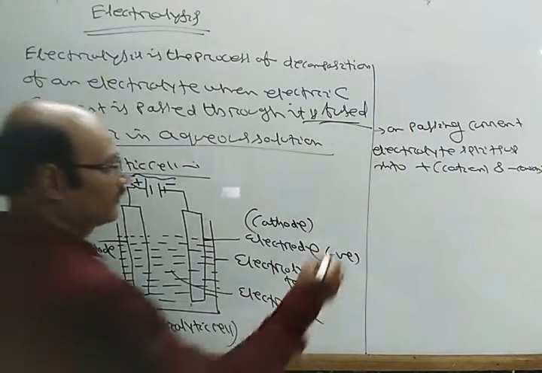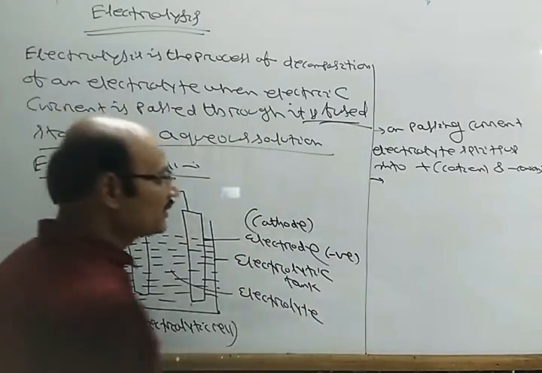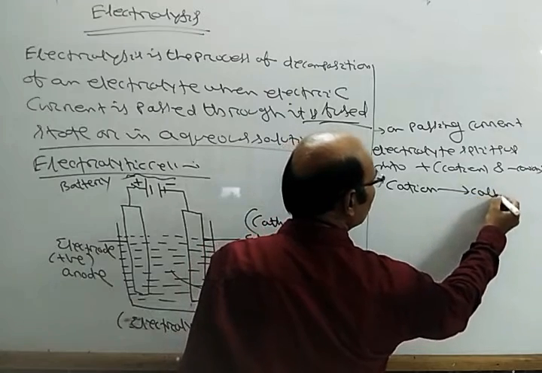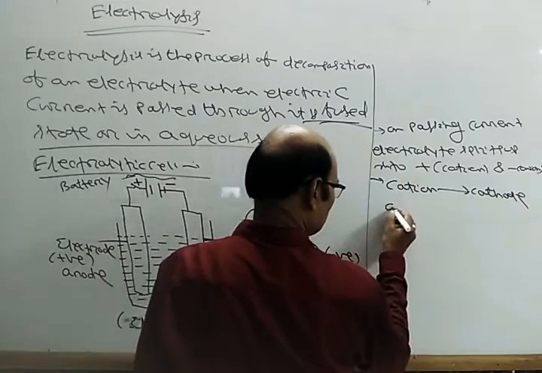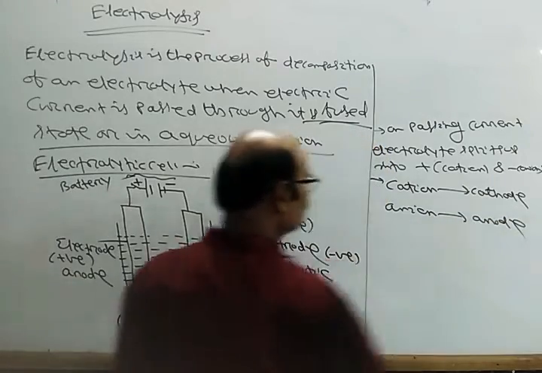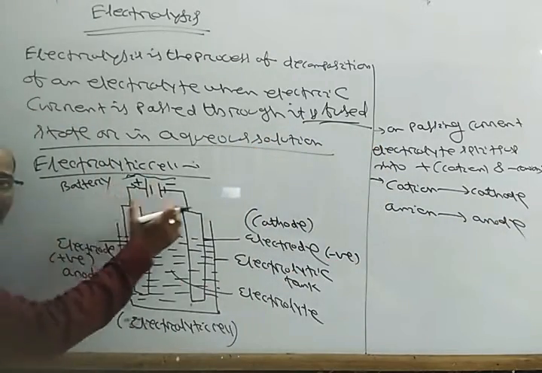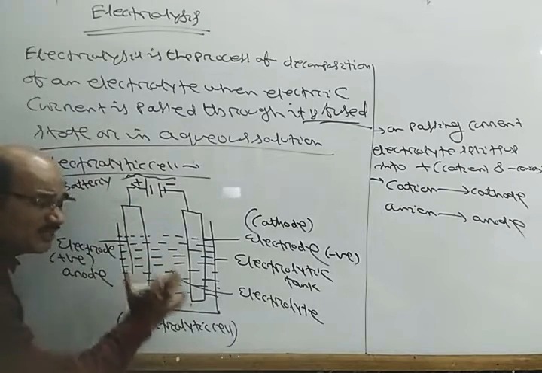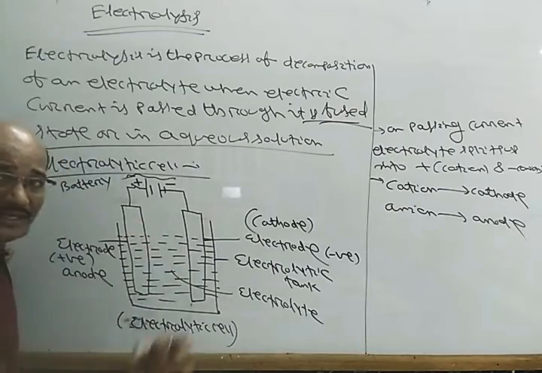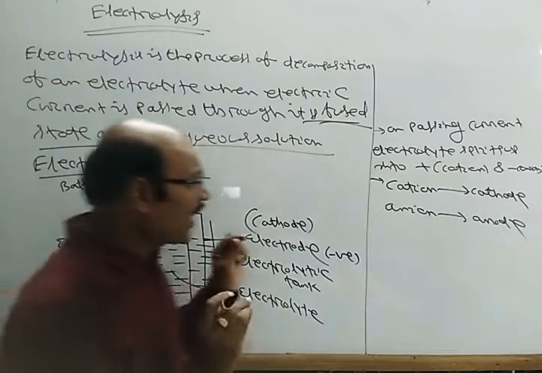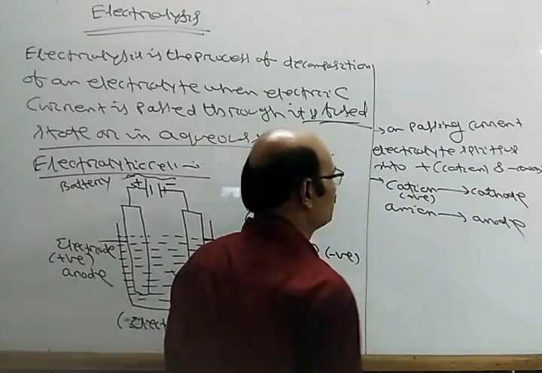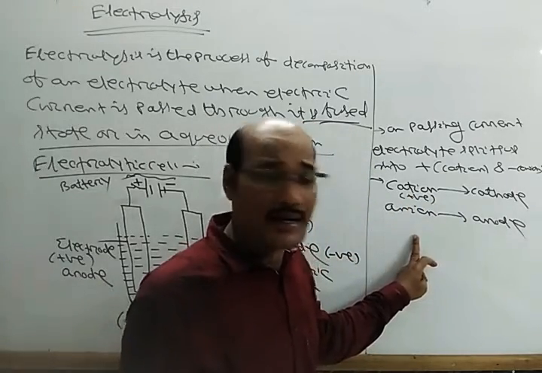The cation goes to the cathode and the anion goes to the anode. When you pass electric current, the electrolyte splits up into positively and negatively charged ions, the cation and anion. The positive ion is called the cation, and the negative ion is called the anion.